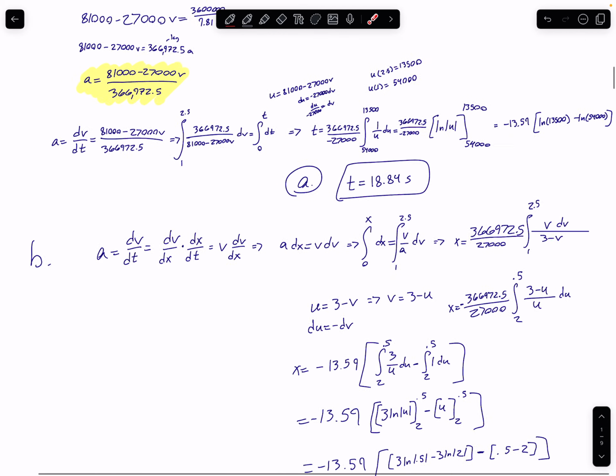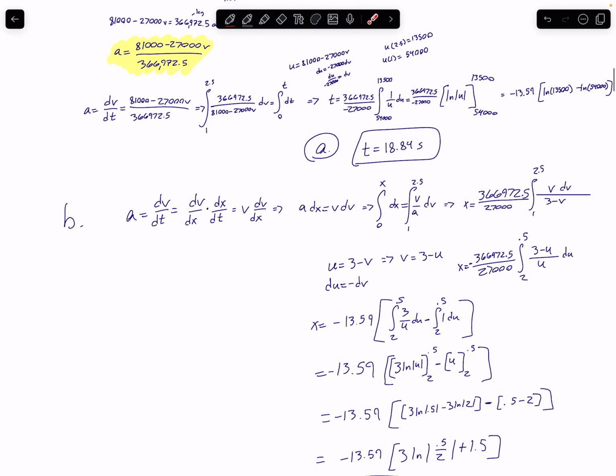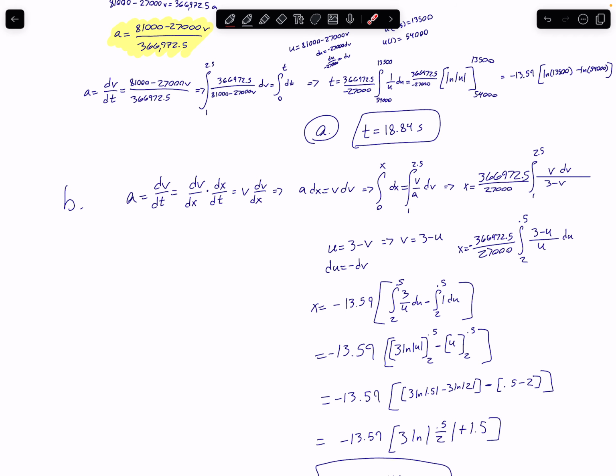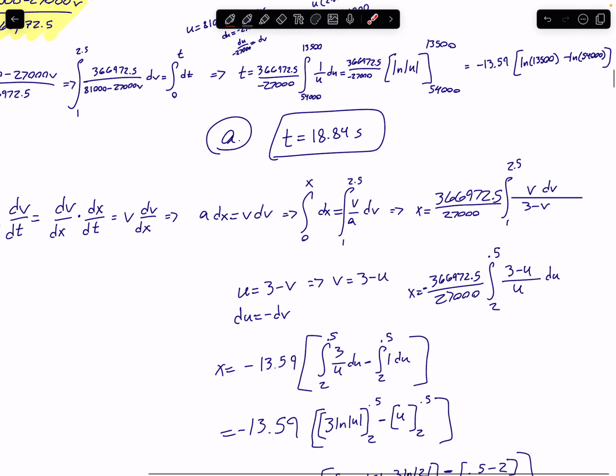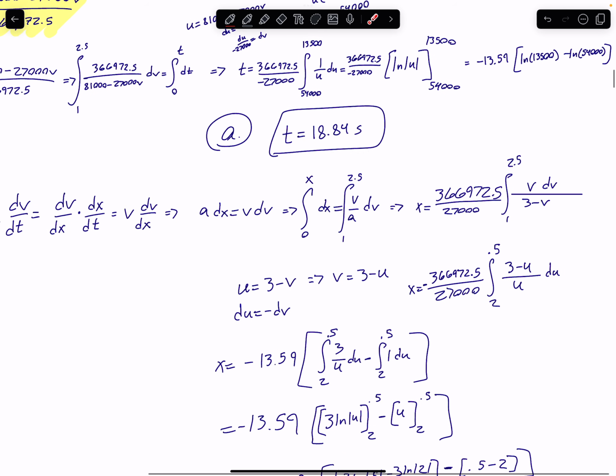Looking back, this is the first problem I did, so it's the least fresh in my mind. But the integral of v dv is easy, because we do have our initial and final velocities, so we know the intervals that we're looking for.